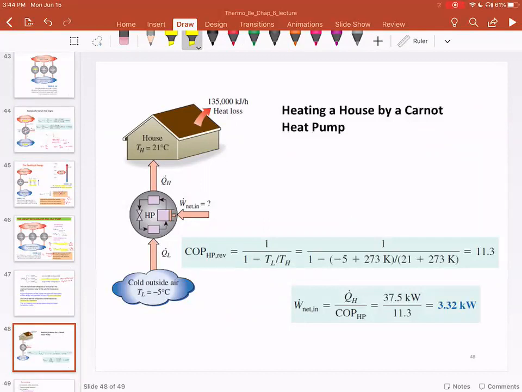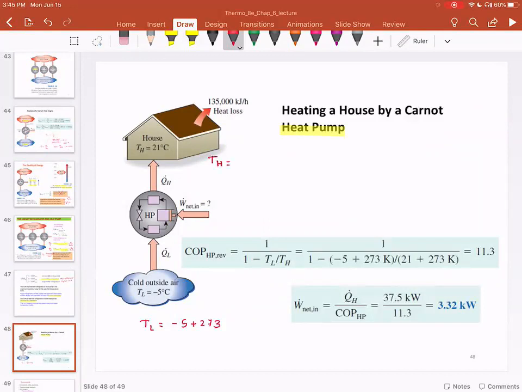So for an example, here is a simple problem wherein we are looking at the heat pump. We want to heat the house. The outside air temperature is TL equal to -5 plus 273.